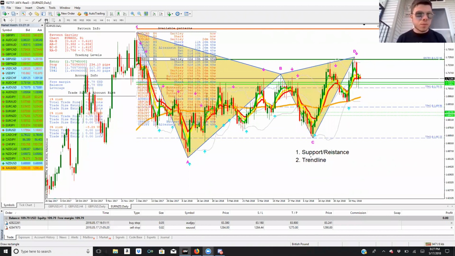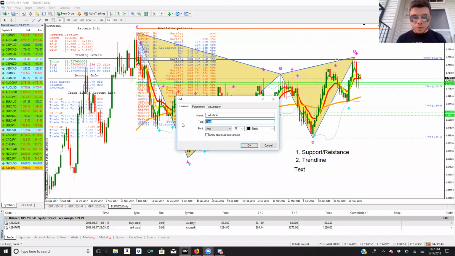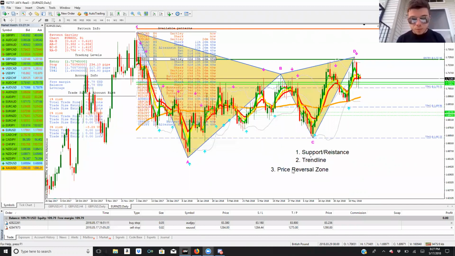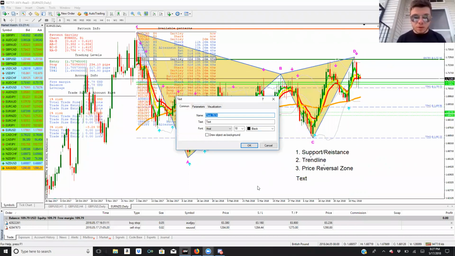Okay. Now we got price reversal zone. And our last one, which is pullback, I believe. Yep.